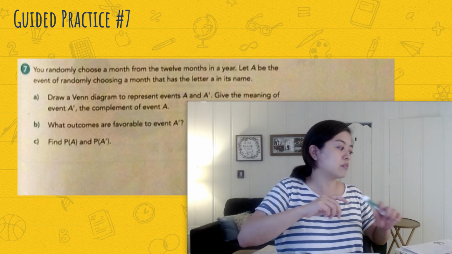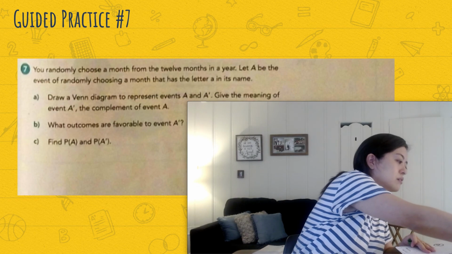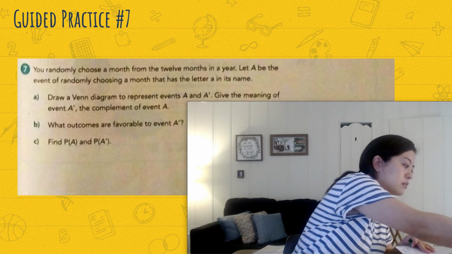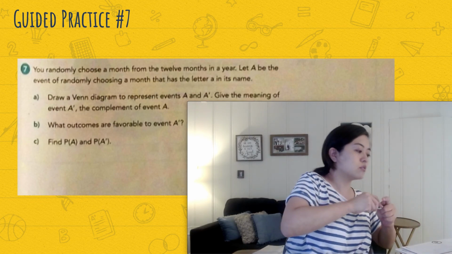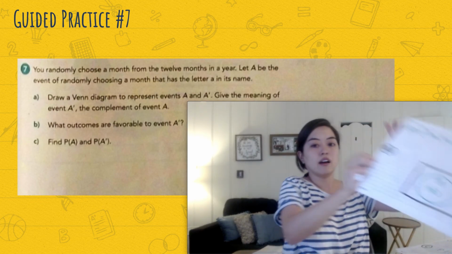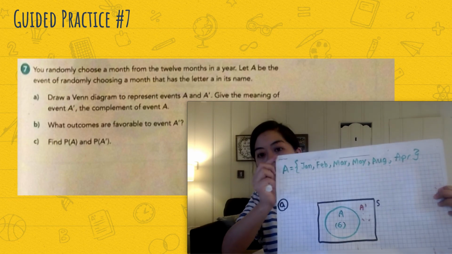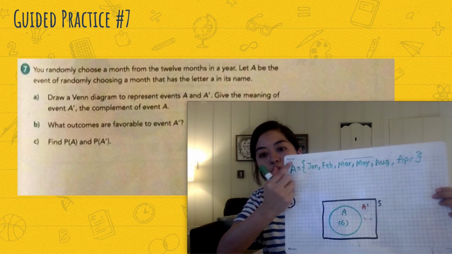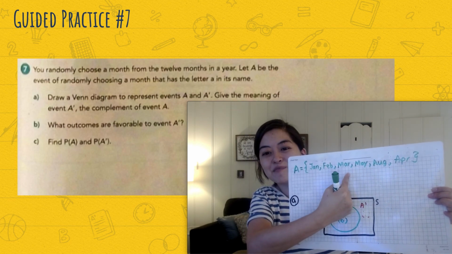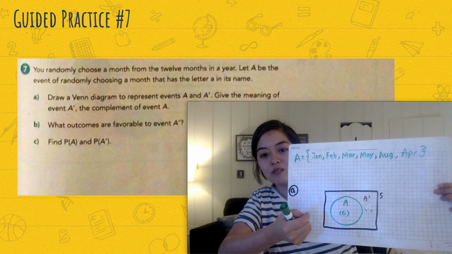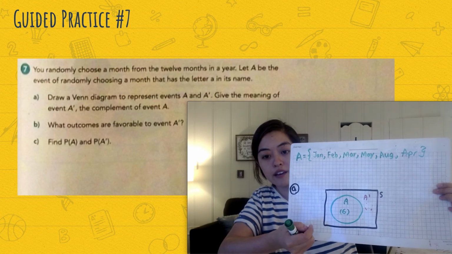I'm just trying to fix something that I forgot to write. So far, this is what I have for my outcomes of event A. I have January, February, March, and then I put April last, May, August. So these are 6 months with the letter A in it.